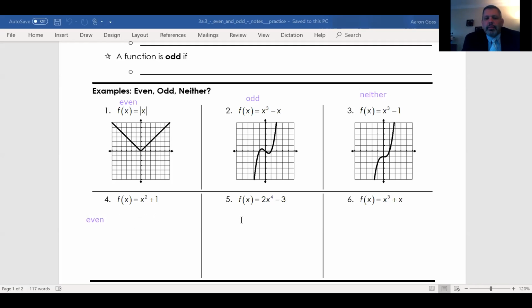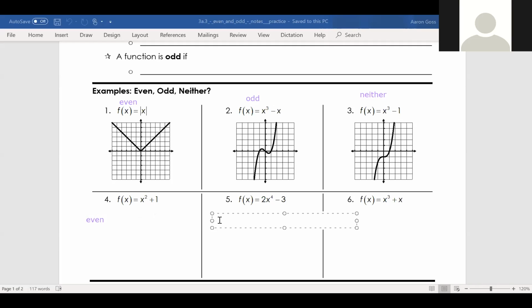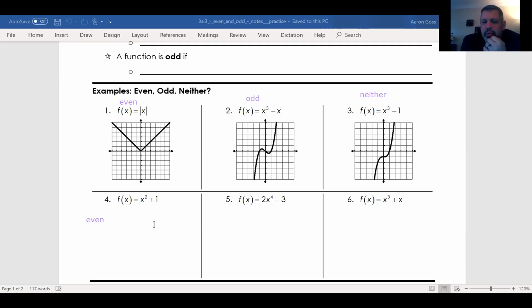Christian, you good? Yep. Okay. Isaiah? I don't know who else is on here. I'm confused. Go ahead, buddy. So I'm just looking at the exponents, right? Back at this one right here, that exponent of the x is a 2. Is 2 odd or even?